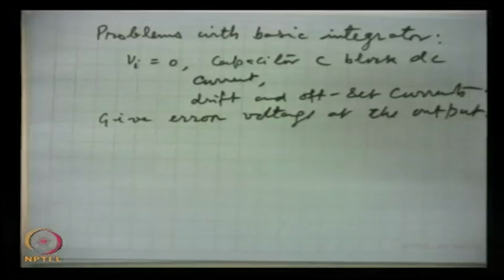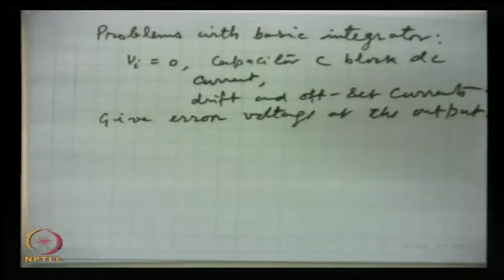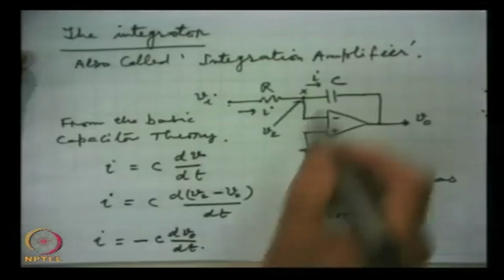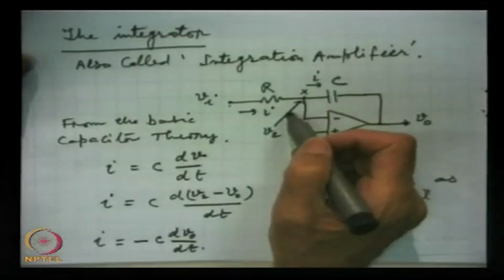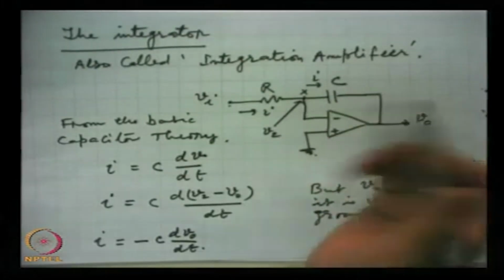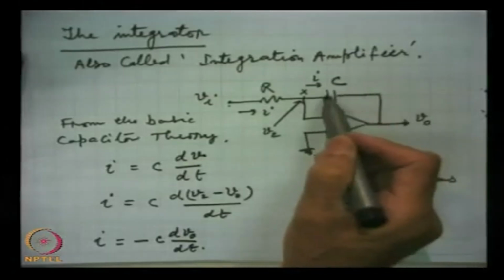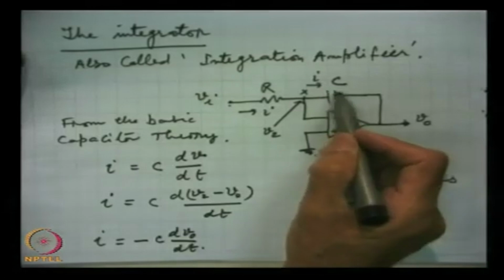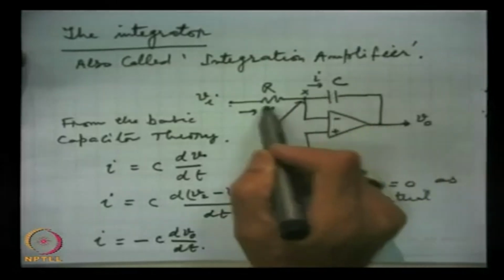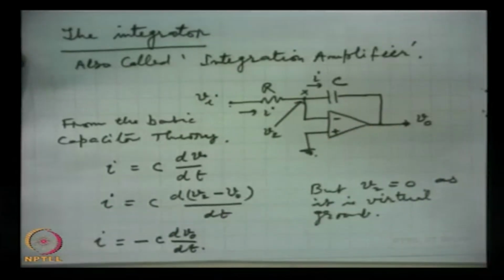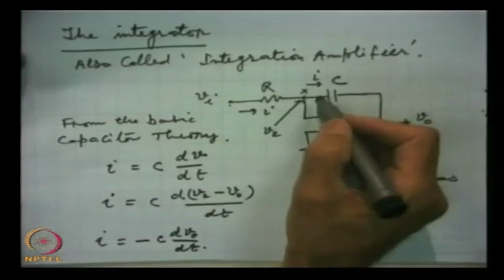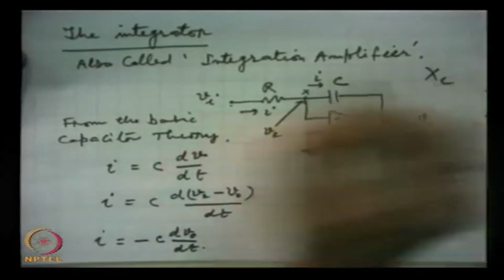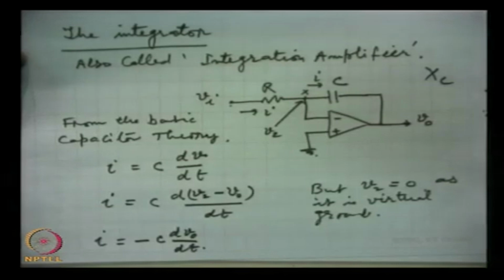Another problem in this circuit is that at very low frequencies, close to, for example, 0, the gain of this inverting amplifier is the impedance of the capacitor divided by R, with RF now replaced by XC, the capacitive reactance of the capacitor.